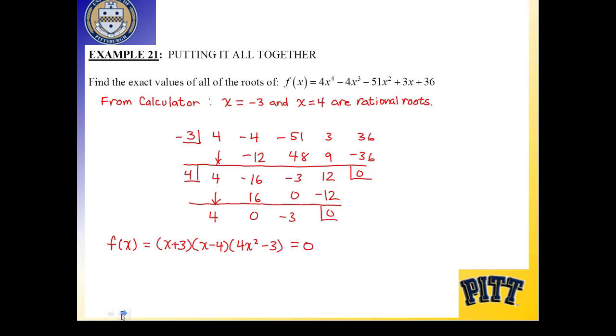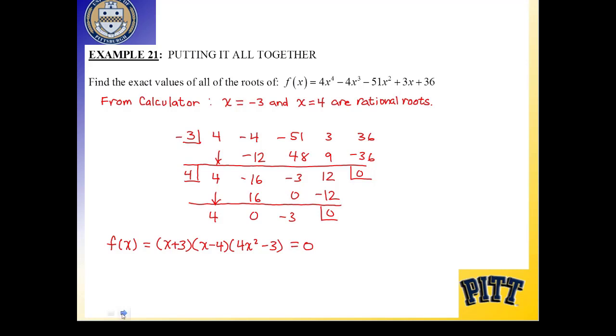The reason why we have to set it equal to 0 is because ultimately when we're factoring, we're going to be using the zero product property, which basically says if I have a number of things being multiplied together and I end up with 0, then one of those things being multiplied to each other is going to be 0. It has to be. It doesn't work with any other number. If I multiply and get 0, 0 has to be one of those numbers in the multiplication. That's just a pure, simple fact. It's the only way to get 0 as a product is to have 0 as one of the things you're multiplying.